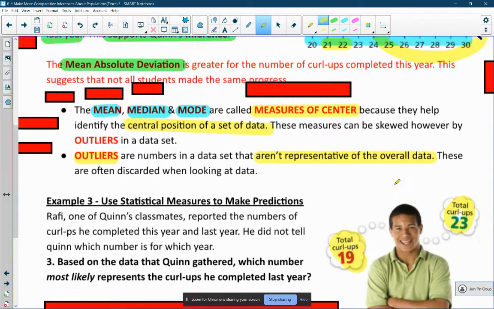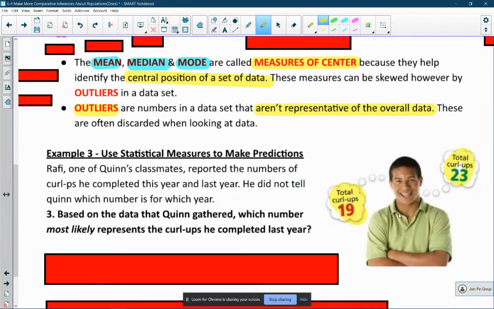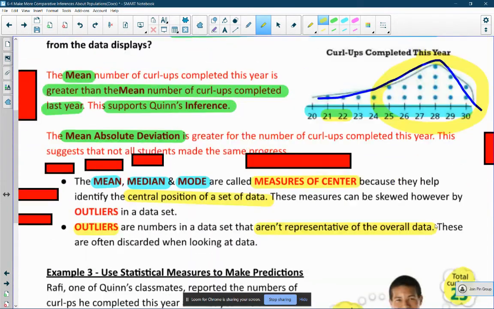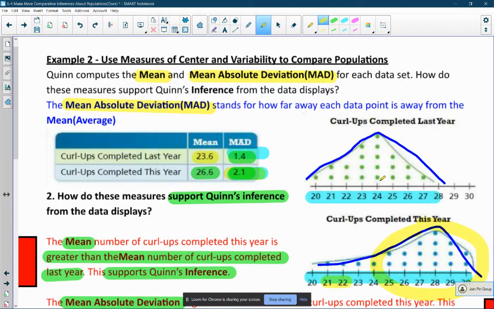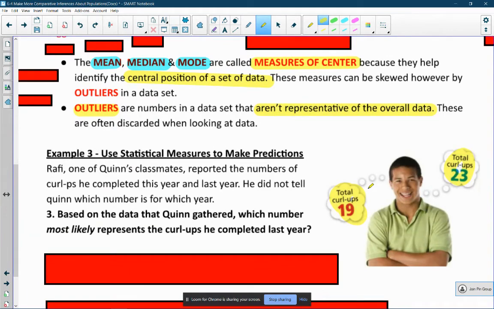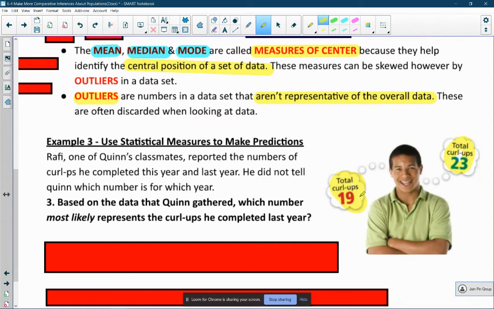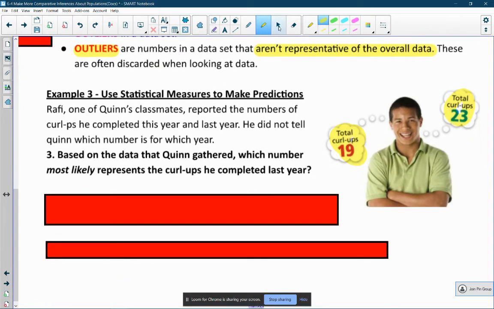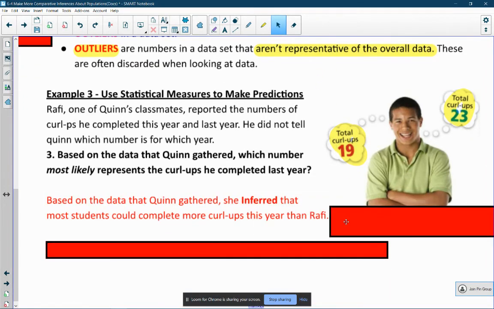Based on our data, these charts above, which number probably goes with last year and which with this year? What I can see is that the numbers from last year were lower than numbers from this year. That would make me think that this 19 is from last year, and we're going to make the assumption that he improved. So this number is this year. And that's the same thing Quinn is going to say.